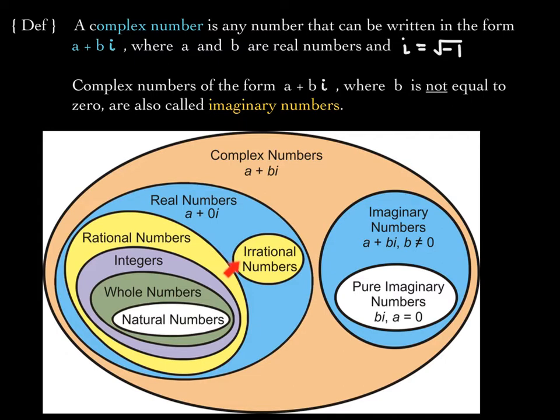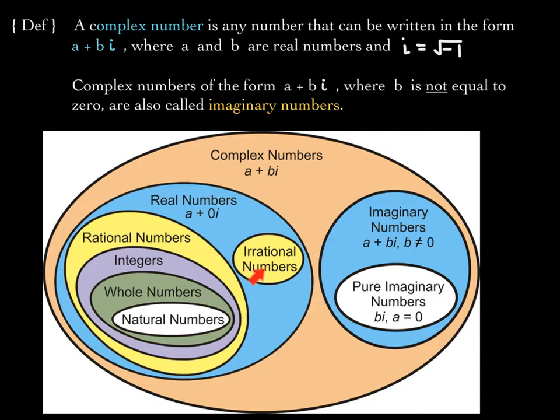The number e, which you and I will study later on in this course, is an irrational number. The square root of any number that's not a perfect square is an irrational number, like the square root of 5, the square root of 20, the square root of 8, the square root of 10, the square root of 7, and so forth are irrational numbers.